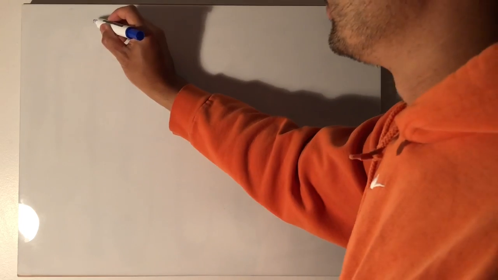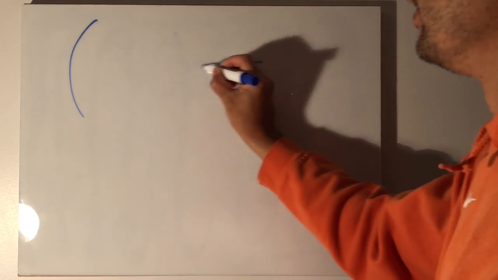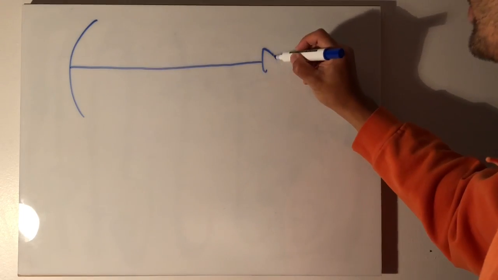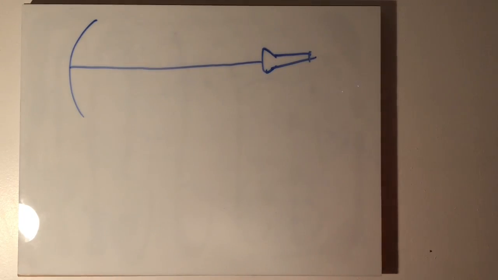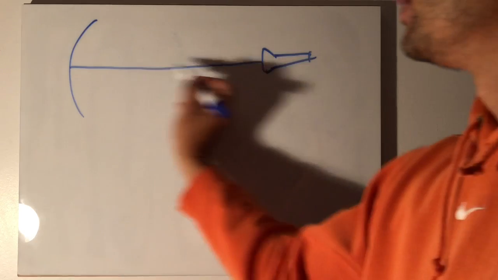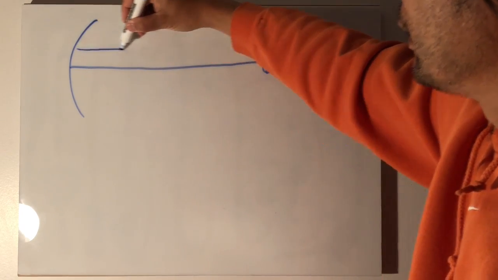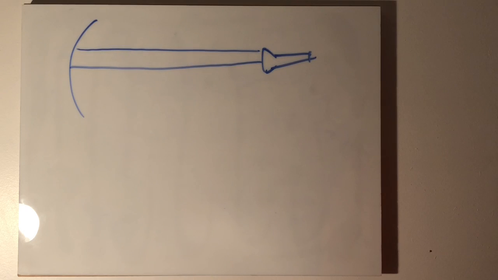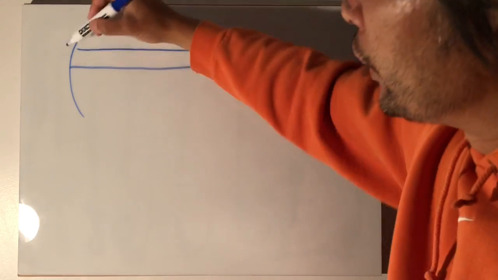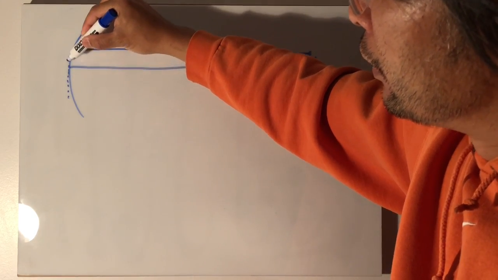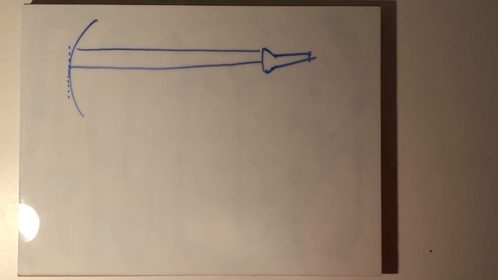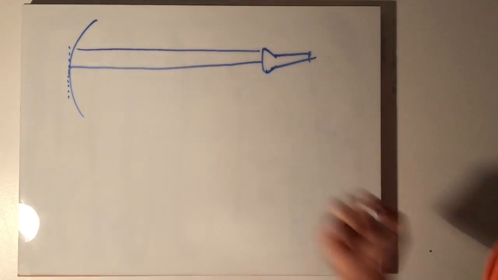If we have a curved mirror and the light source is coming from here, any light that goes in directly will come straight back. If the light source comes in like this, it will no longer come straight back because now it has to respect the law of angle of incidence equals angle of reflection. Here, if I draw a perpendicular, it is at 90 degrees to the mirror. So therefore, 90 degrees in, 90 degrees out.